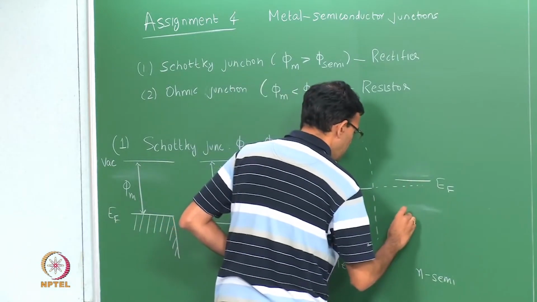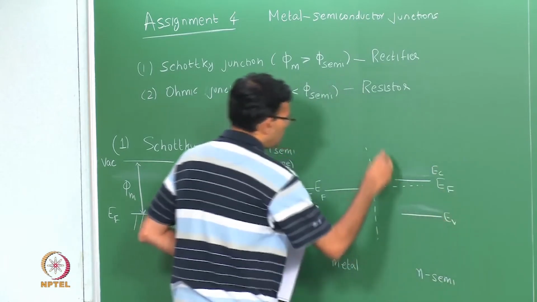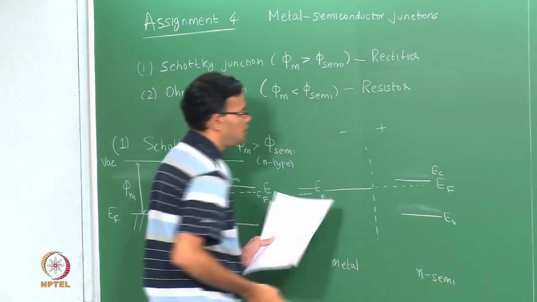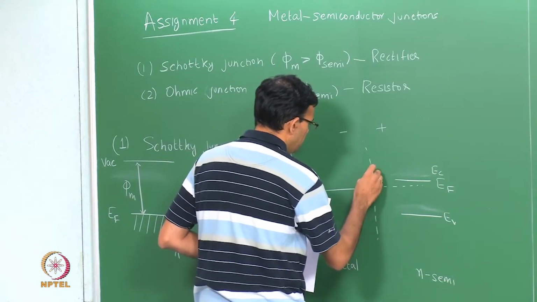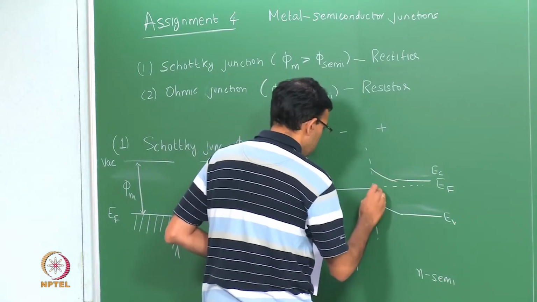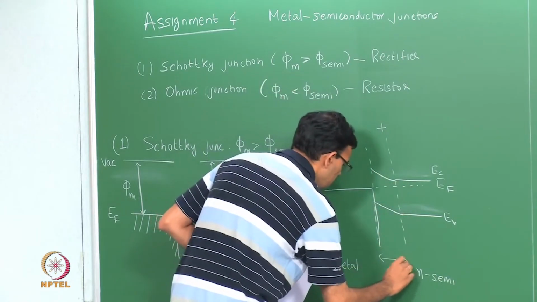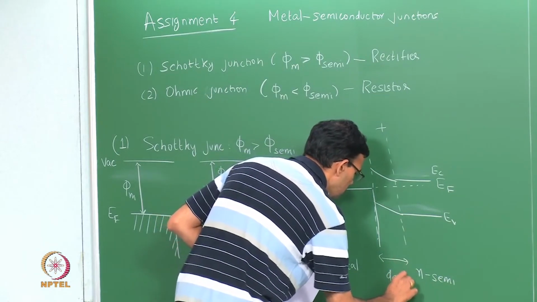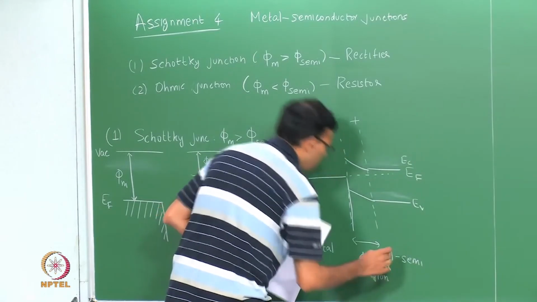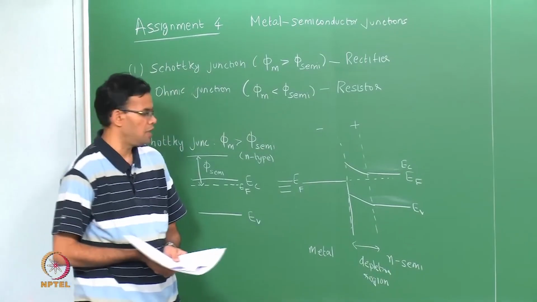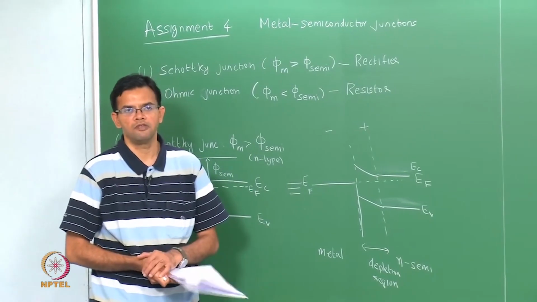So, this is N type EC and EV. There is a net positive charge on the semiconductor, a net negative charge on the metal, and the bands will bend up. So, this in turn forms the depletion region. And this is the band diagram at equilibrium. So, this is a case of a metal and an N type. This is similar to what we saw in class.